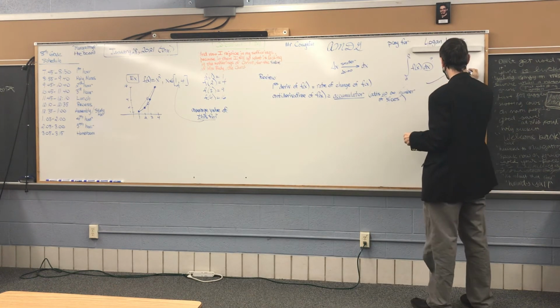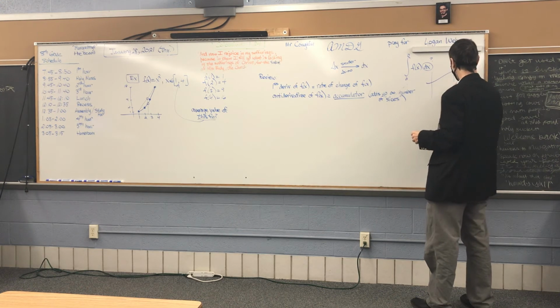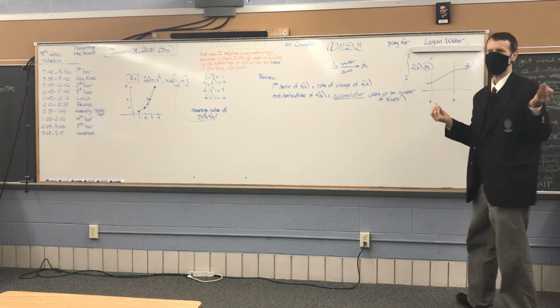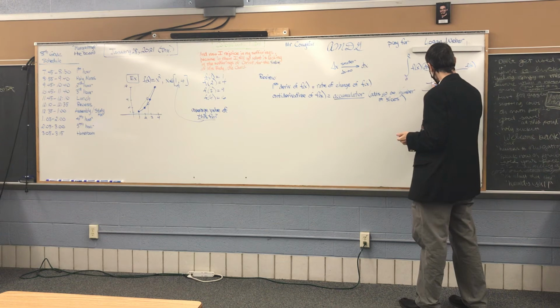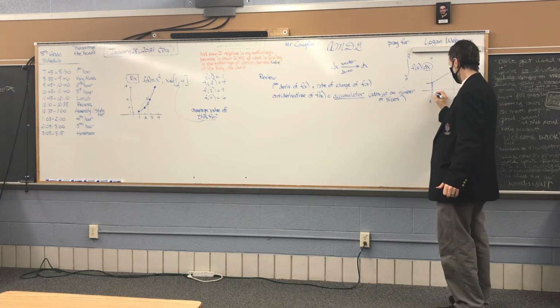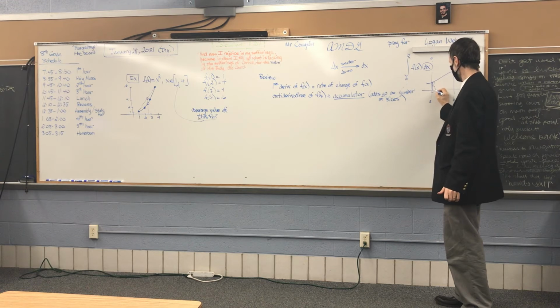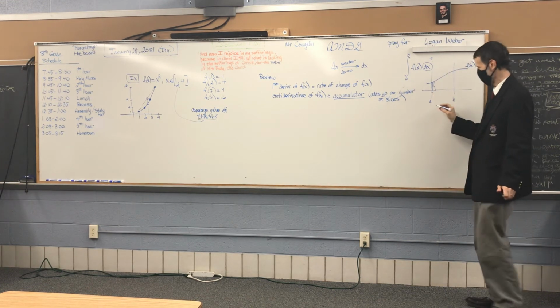Here's a graph. I'm just making this up. This is a graph of f of x. And let's say this is A and this is B. I want to get the area under a curve. Suppose we have a teeny weeny slice.